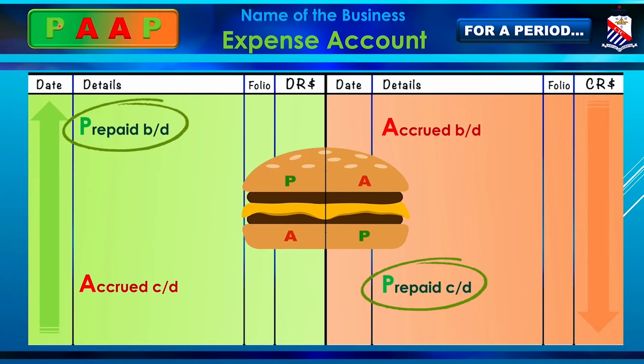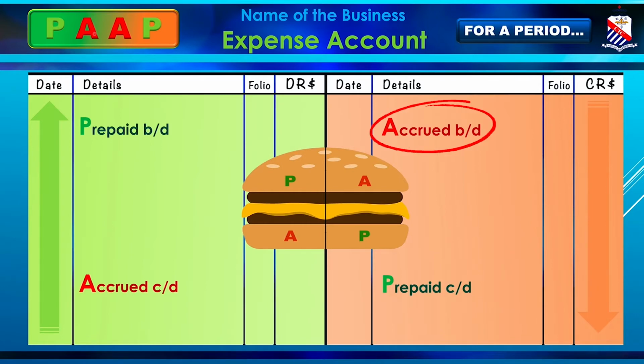It doesn't always occur that way, but you can have a prepaid amount at the beginning of a period, and then you can also have a prepaid amount at the end of a period. And the same thing goes for your accrued. You can have an opening or a beginning accrued amount and an ending or closing accrued amount.